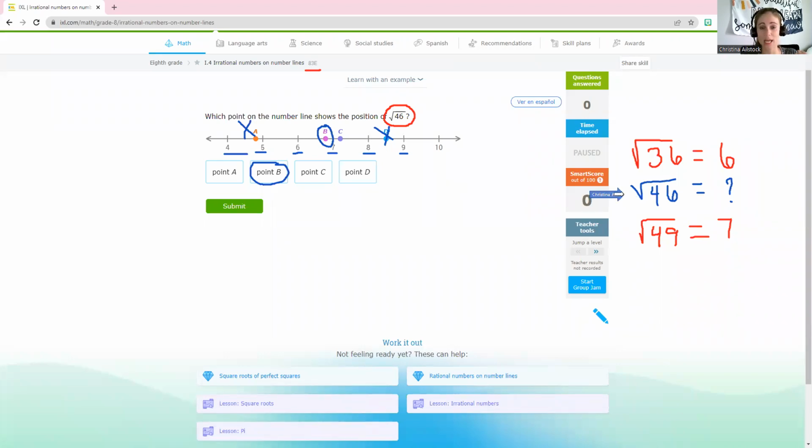So I'm going to find the closest perfect square that is a little bit lower and the closest perfect square that's a little bit higher, which would be 36 and 49. Therefore, 46 falls somewhere in between, and that means its square root falls somewhere between 6 and 7.